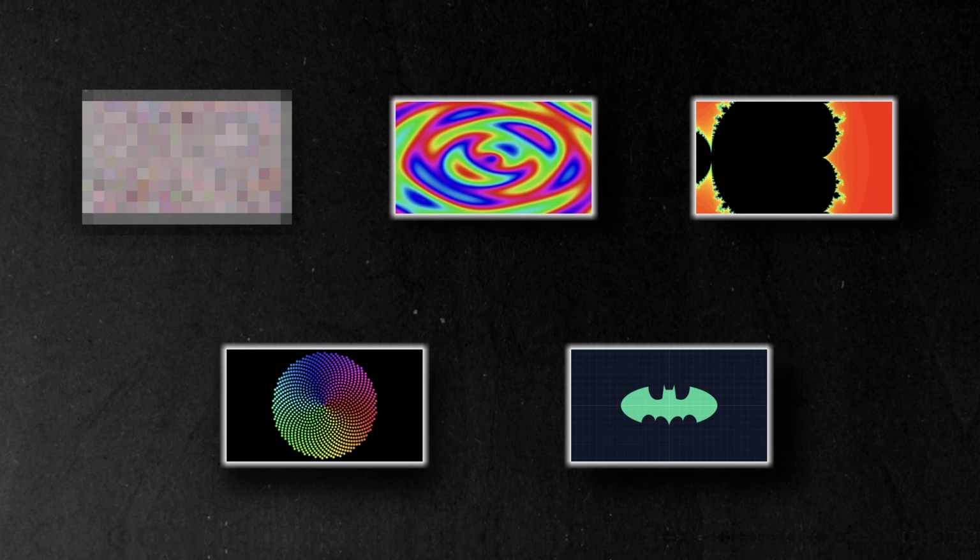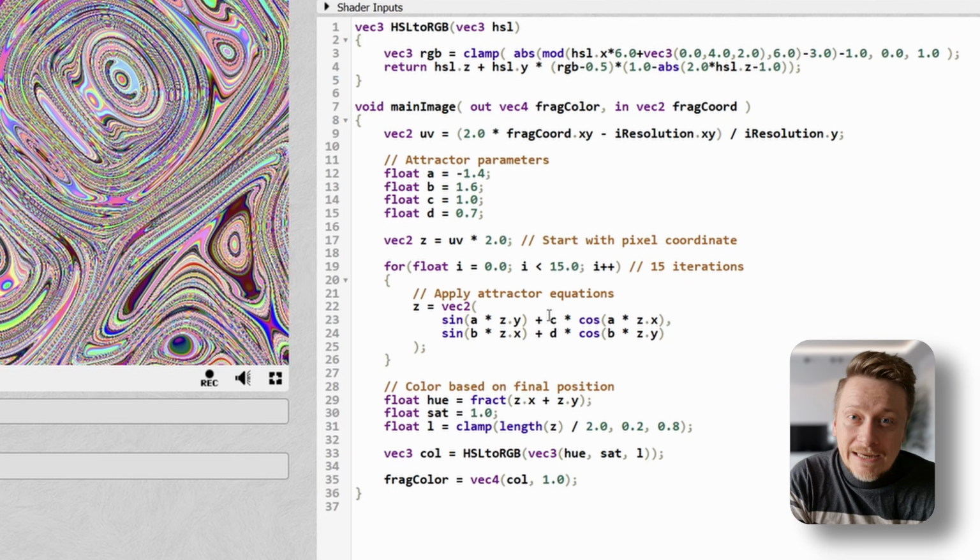Our last shader procedurally visualizes a structure inspired by the Clifford Attractor. Each pixel gets mapped into centered UV space. We define constants A, B, C, and D, which control the attractor's shape, how points twist and fold. We take the pixel's position, scale it outward, and iterate it through the attractor equations about 15 times.